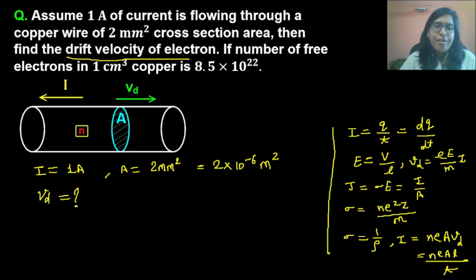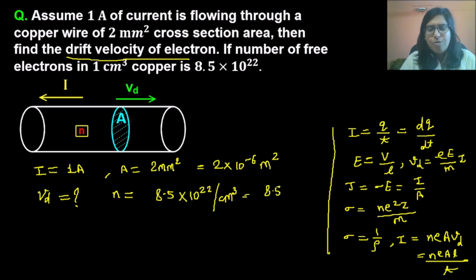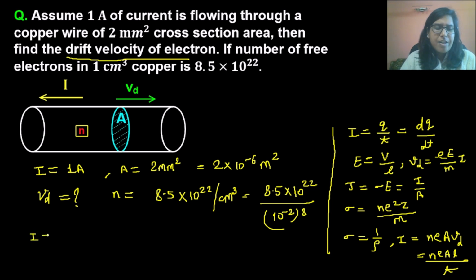Number of electrons per unit volume, that means small n, is given 8.5 into 10 raised to power 22 per centimeter cube. If we calculate this per meter cube, then it will be this, right. Now I equals n into e into Vd into A. So put the values in this formula.